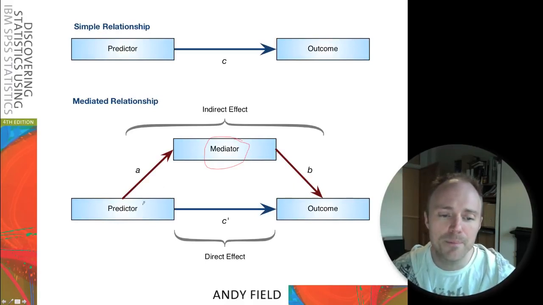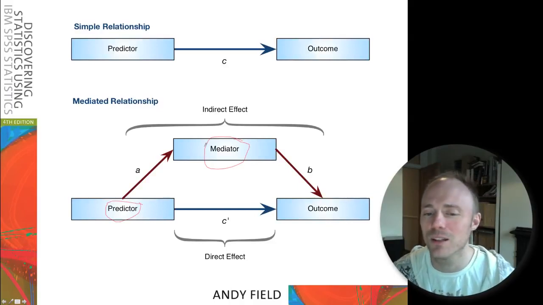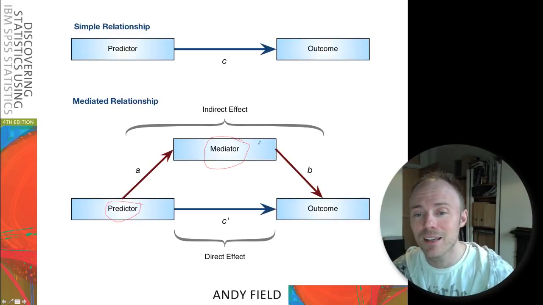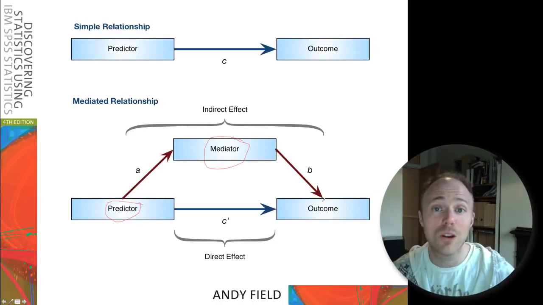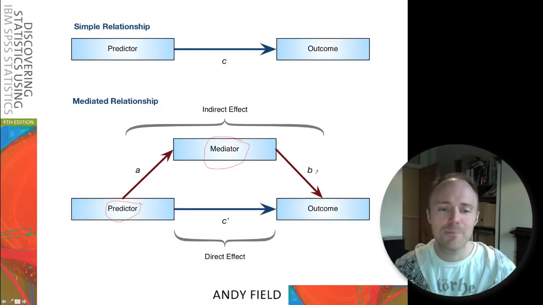So they were basically saying that the more pornography you watch, so as the predictor changes, that has a significant effect, so that's this red arrow here, on your relationship commitment. So you start feeling less committed to your partner. And relationship commitment, separately, has an influence on whether you're likely to be unfaithful or not. So this red arrow here, pathway B, indicates that.